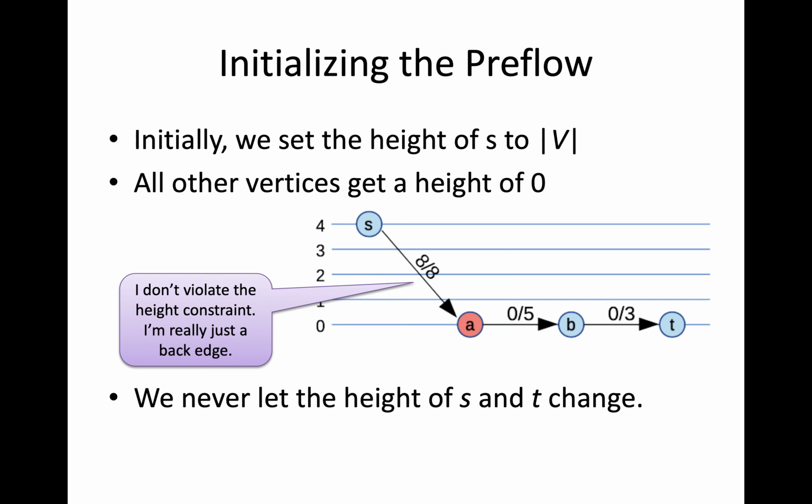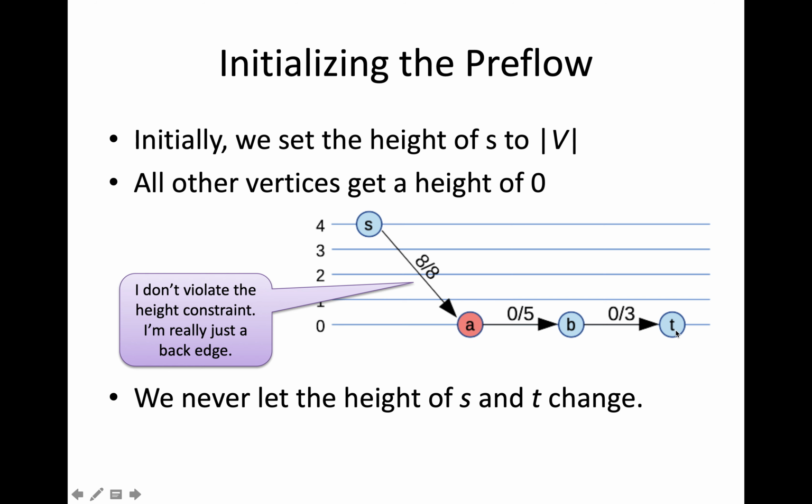Really, from the definition of the relabel operation, you can tell that S and T are never going to be able to change height because I can only do a relabel operation on a vertex that's overflowing. If you back up and look at the constraints for the relabel operation, it says you can only do this when you have a vertex that's overflowing. And S is never going to be overflowing. We kind of pretend it has as much commodity as you want to take from it.